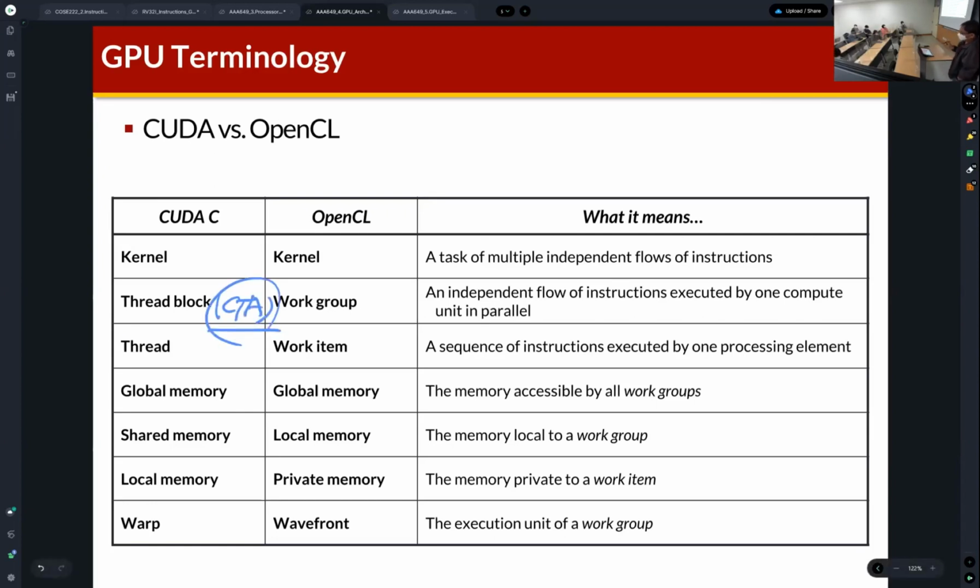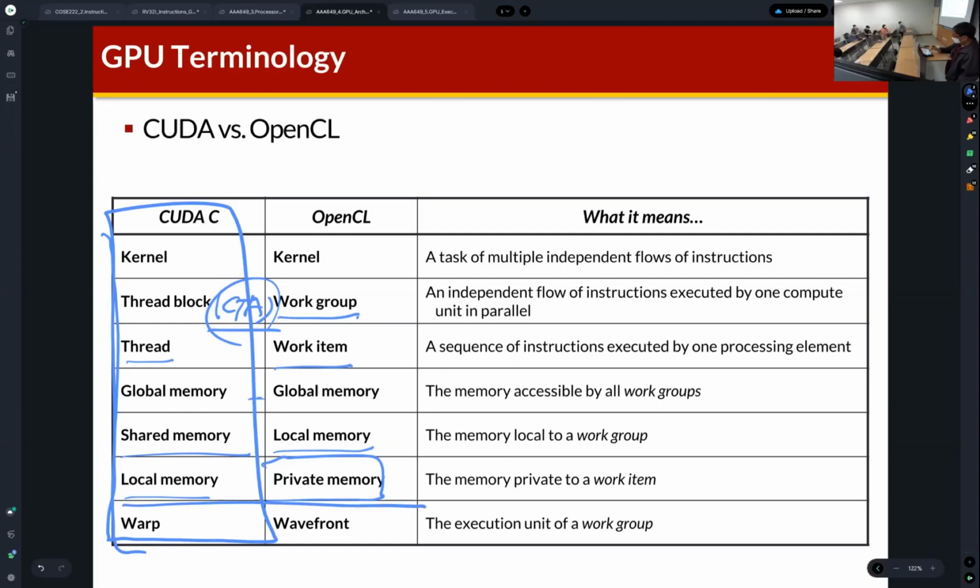Okay, this is the NVIDIA terminology. But in OpenCL, AMD uses the work group, and the thread is the work item. The global memory is the same, and shared memory is the local memory. Local memory is called the private memory. Just the terminology is different, but we will use the NVIDIA terminology in this class.